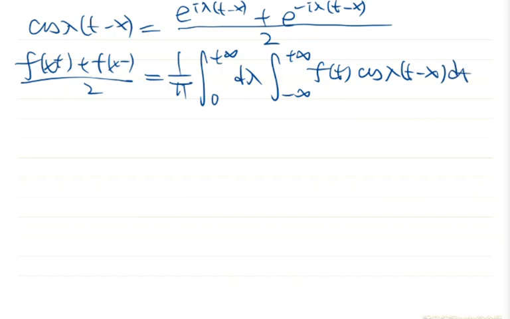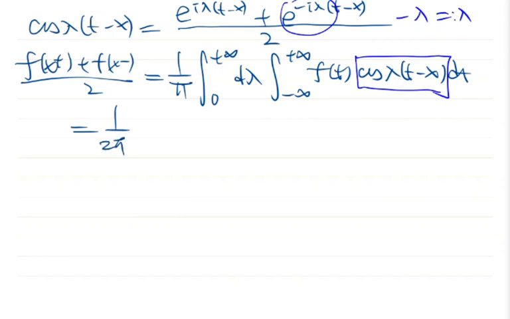Then replacing the cosine here by the exponential expression given at the top of this page, and then make a change of variable. For the second term, you let minus lambda be a new lambda. Then just by some easy computation, you will obtain that this is 2 pi.